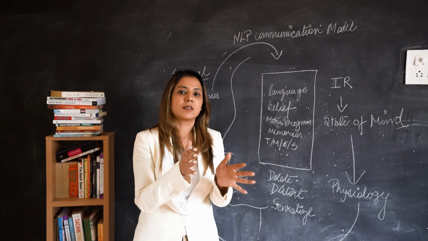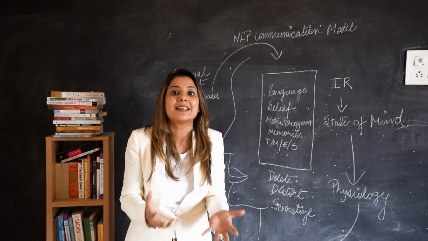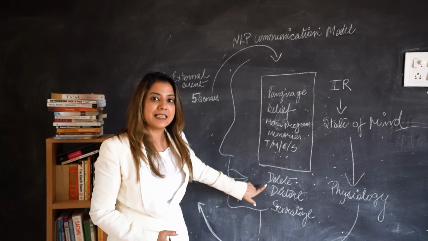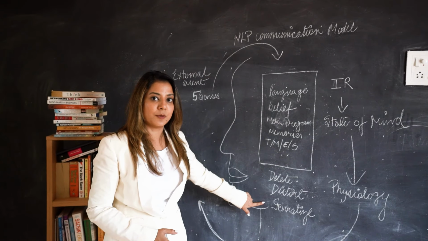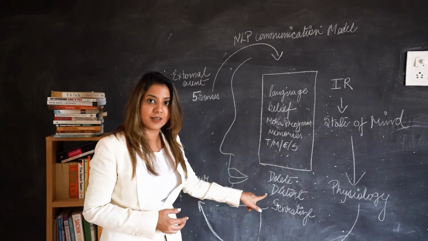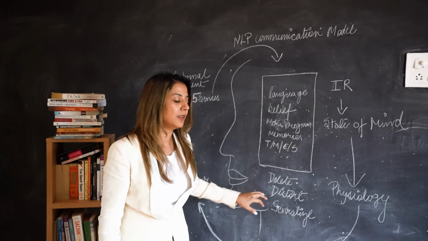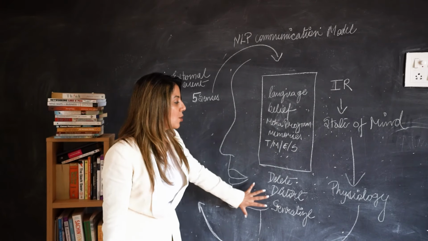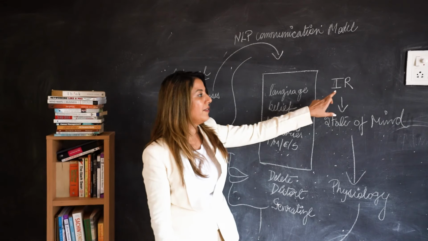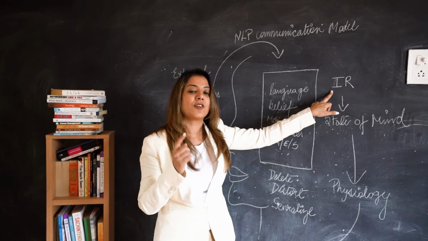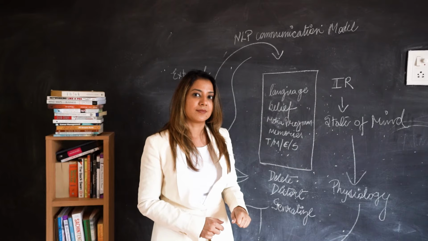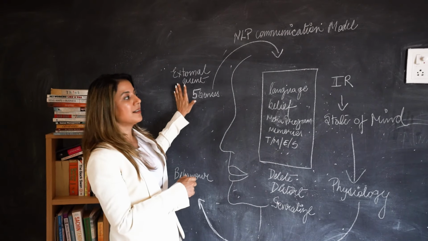So there's a reference point. So we either delete, distort and generalize the information based on the filters through which we see the world. And based on all of this process, we create our own internal representation of that particular external event.